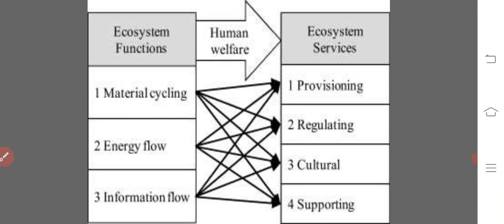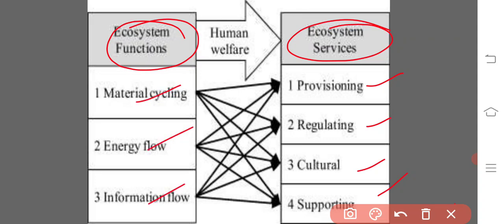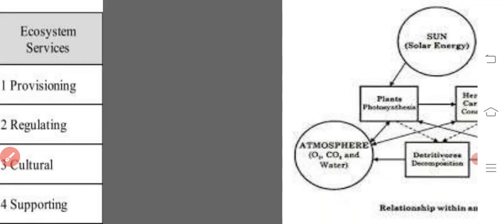Primarily, these are exchanges of energy and nutrients in the food chain, which are vital to the sustenance of plant and animal life on the planet, as well as the decomposition of organic matter and production of biomass made possible by photosynthesis. Here, the ecosystem functions and ecosystem services are all interlinked with each other and they are working for human welfare.